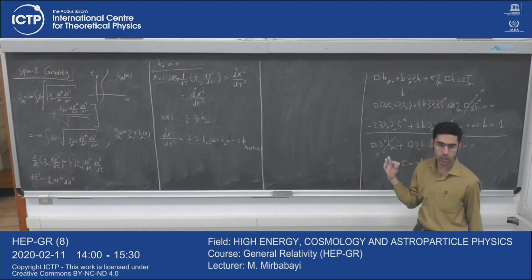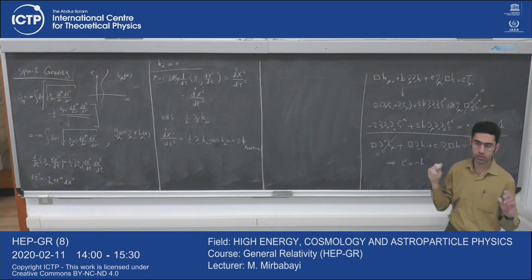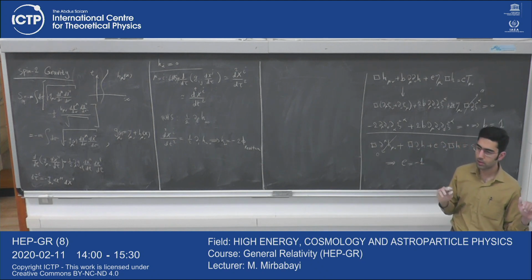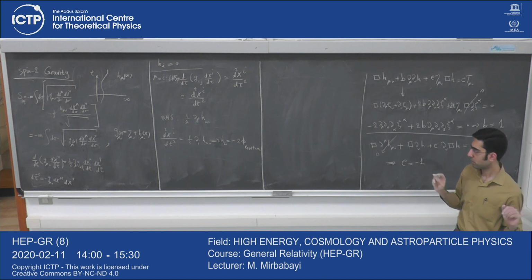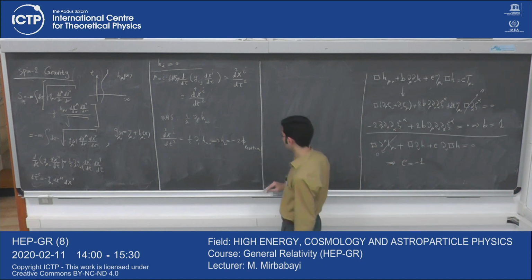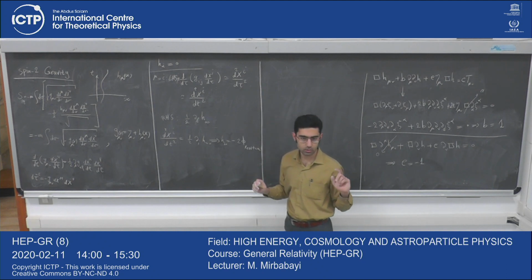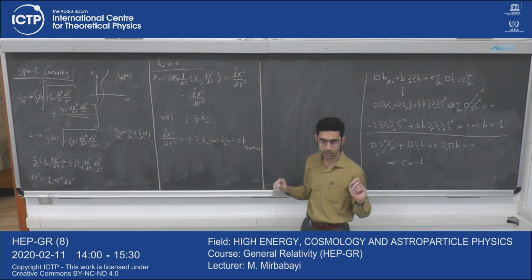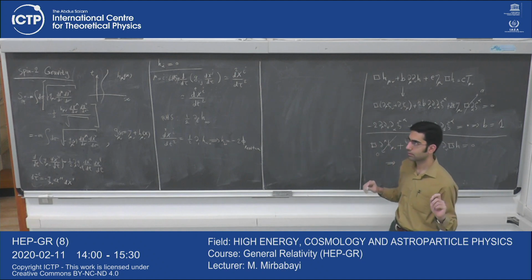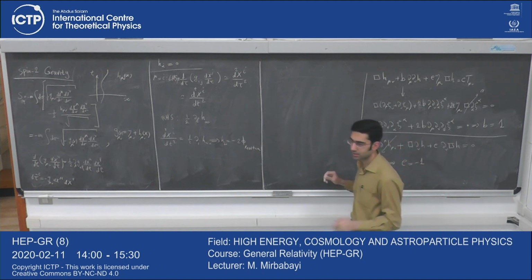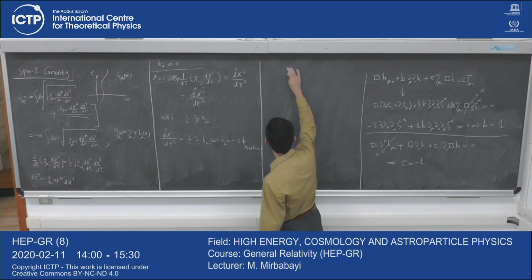So now we want to take the non-relativistic limit of the equation that we wrote before and use this fact. So I look at two components of that equation, the 0,0 component and the trace, the sum of the diagonal components.